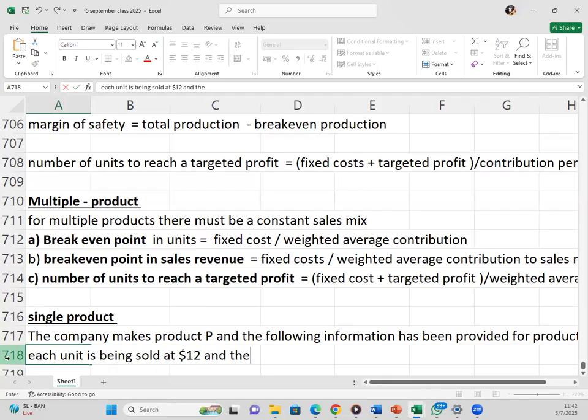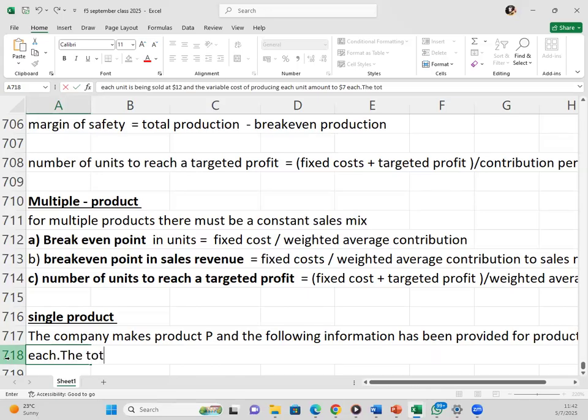And the variable cost of producing each unit amounts to $7 each.